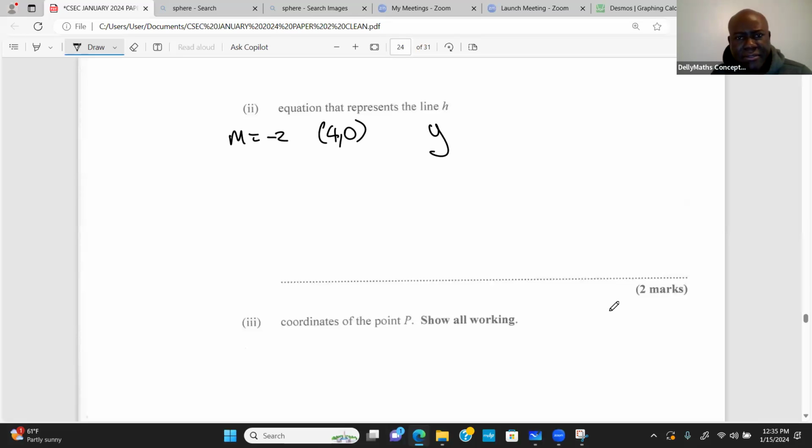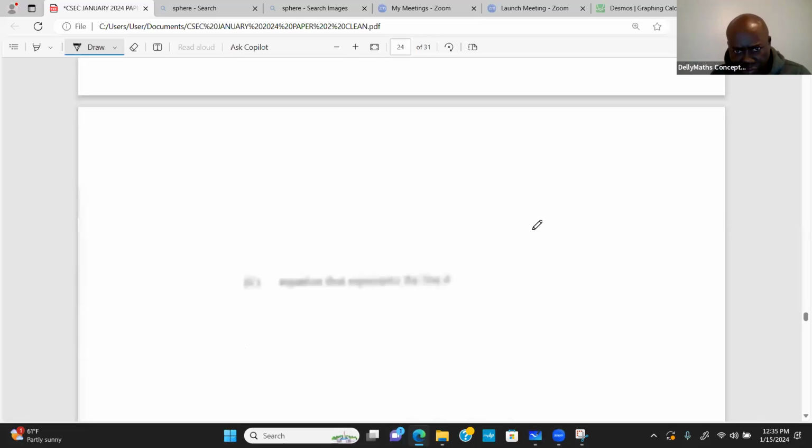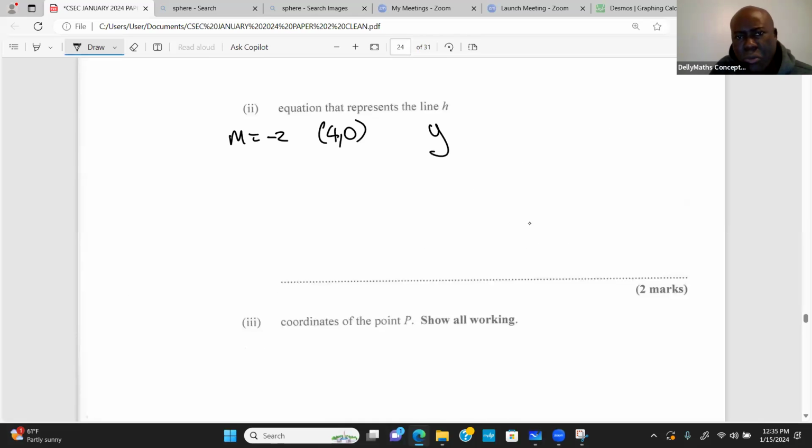Y is equal to mx plus c. Let me see if I have where it crosses the y-axis. No, we don't, so I'm going to find the y-intercept, which is c. I'm going to take x as 4 and y as 0 and substitute. So 0 is equal to -2 times 4 plus c.